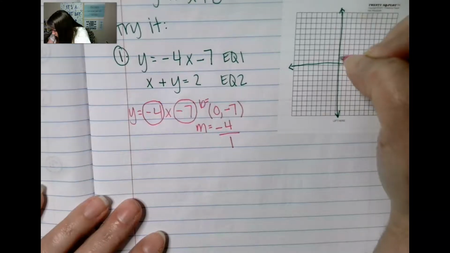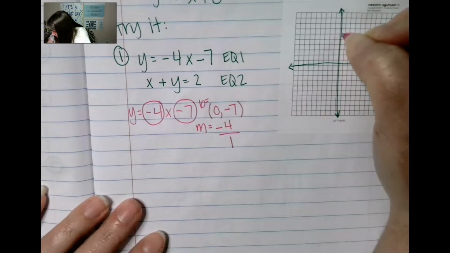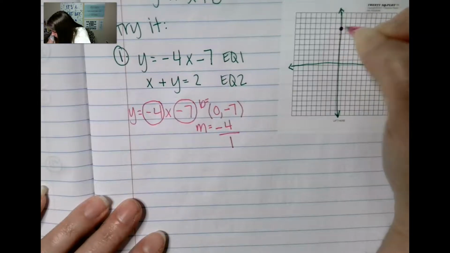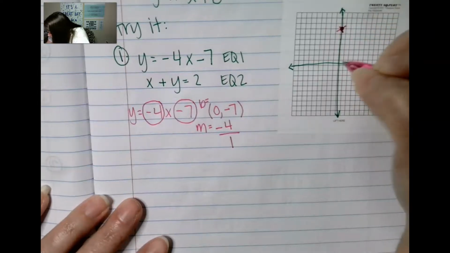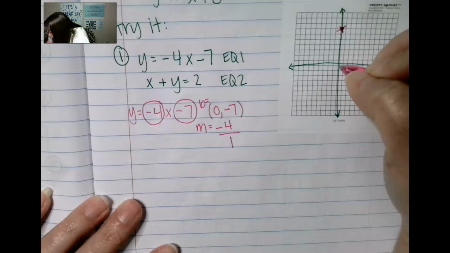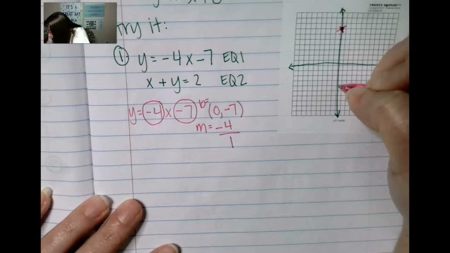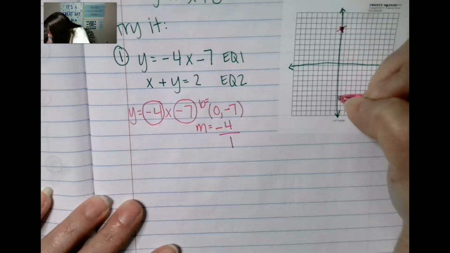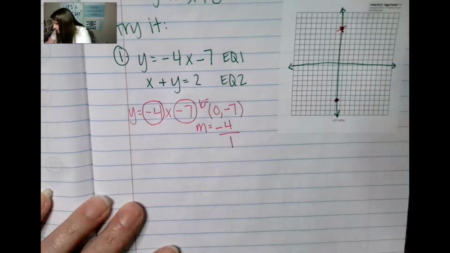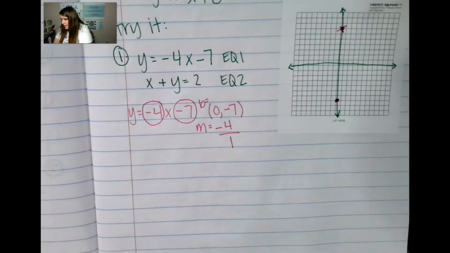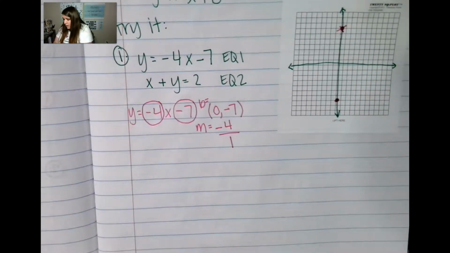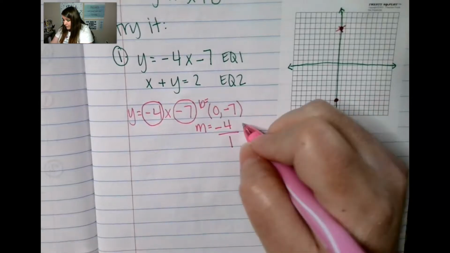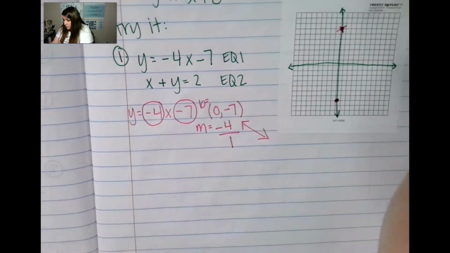So 0, 1, 2, 5, 6, 7. Oh, it's at negative 7. 2, 3, 4, 5, 6, 7. Okay, there we go. Negative 7, right there. Okay, we're at negative 7. And then we want 4 over 1. It's a negative slope, which means it's going to go down.